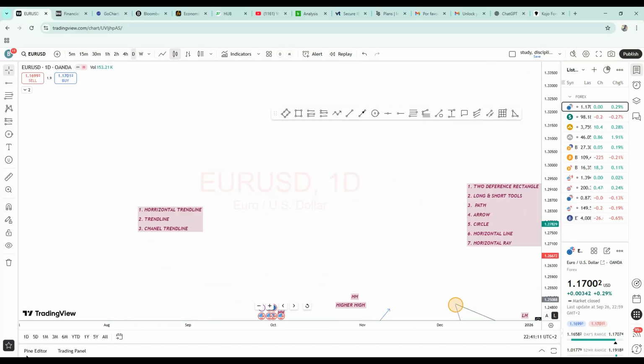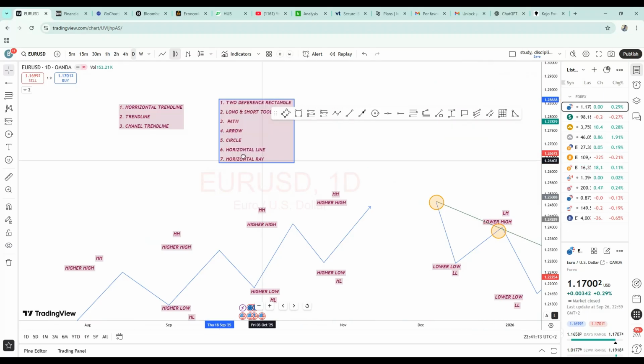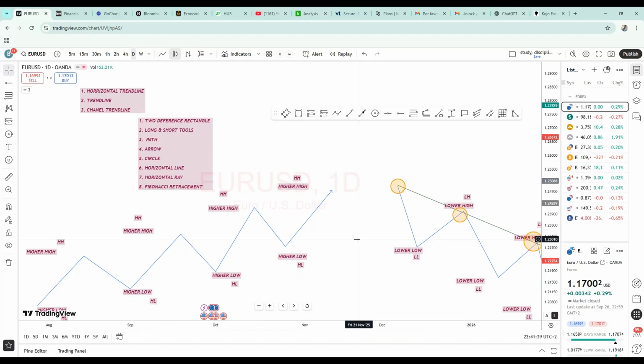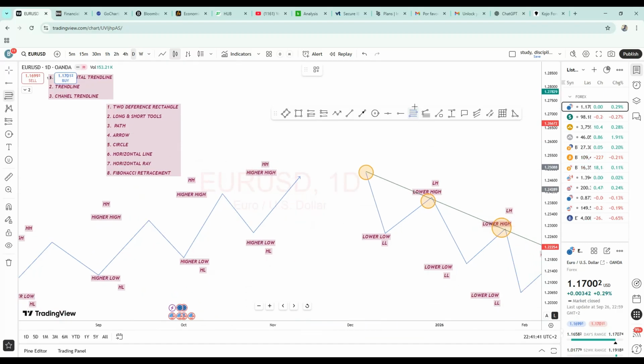Ah, okay, here it is, number 8, Fibonacci retracement or Fibonacci level. Normally it's a retracement. So this is where the talk about the Fibonacci level comes from.